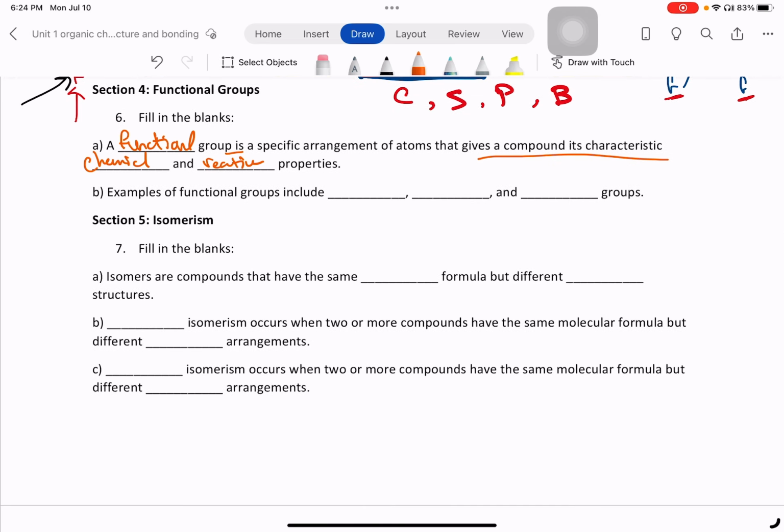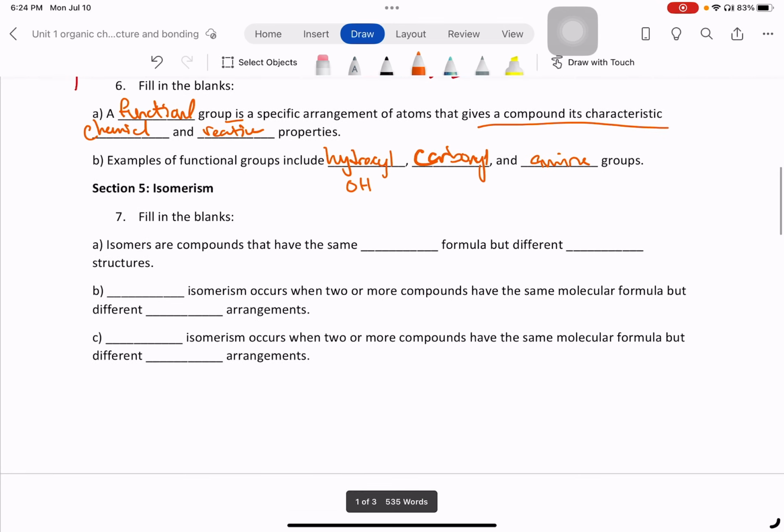And what are some examples of functional groups, where there's a lot? Well, there's the hydroxyl. Hydroxyl makes alcohol, which is the OH, right? There's the carbonyl, and there's the amine. Of course, there's a lot more, like the amide, for example. You have the alkene, alkyne, alkane.